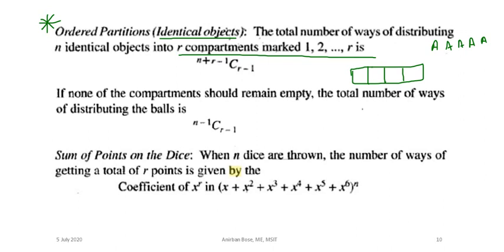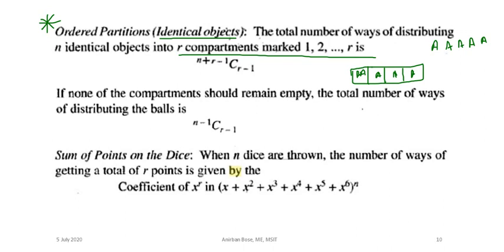What can happen? In the first compartment 2 A's may be there, in the second compartment 1 A, in the third compartment maybe another A, and this one may contain a single A. Or it can be in other ways, say here it is A, here it is 2 A's. So in different ways the arrangements are possible. The question is you have to find that number of arrangements.